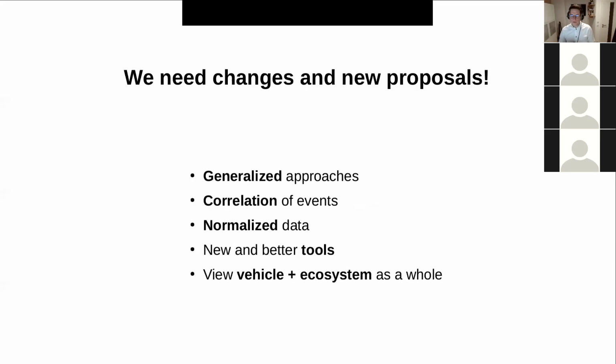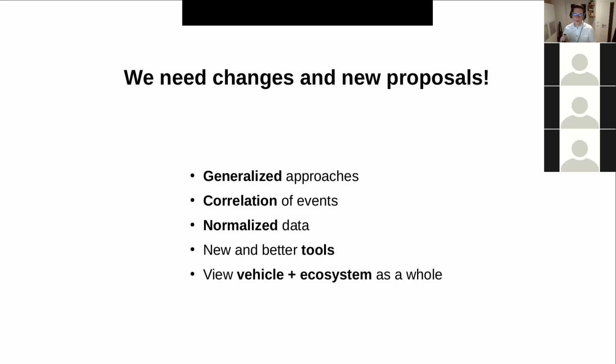So what we need in automotive digital forensics is more generalized approaches. Right now, if you have an investigation, you're mainly focusing on one specific component, collecting information, trying to interpret the result and build evidence trails.